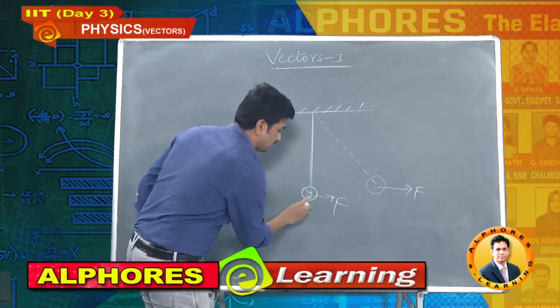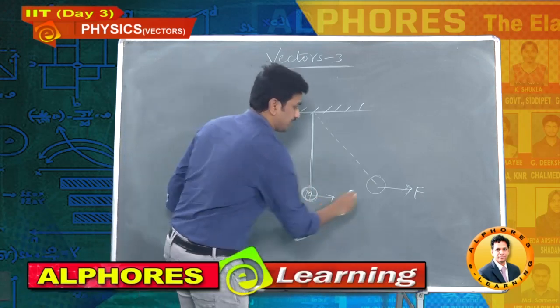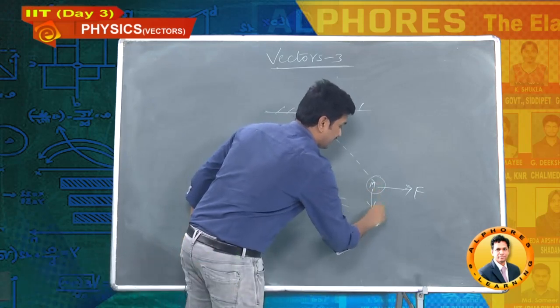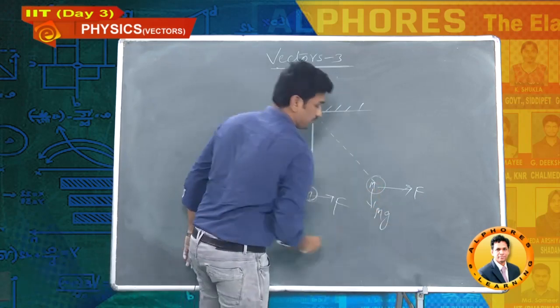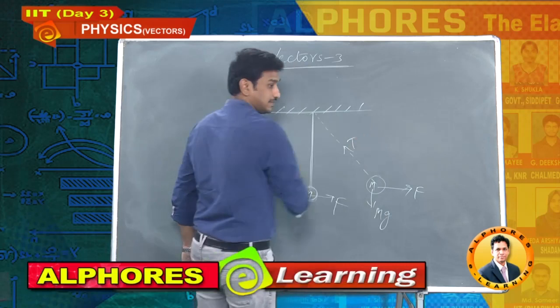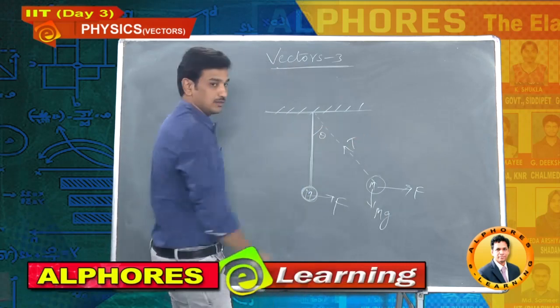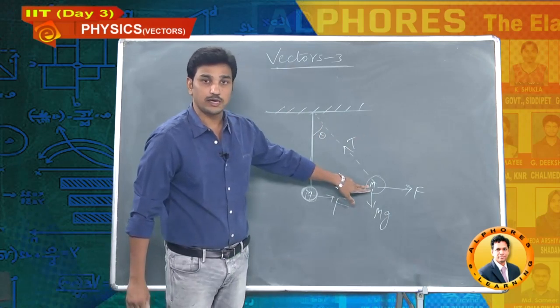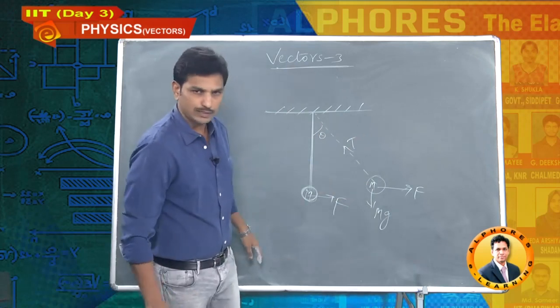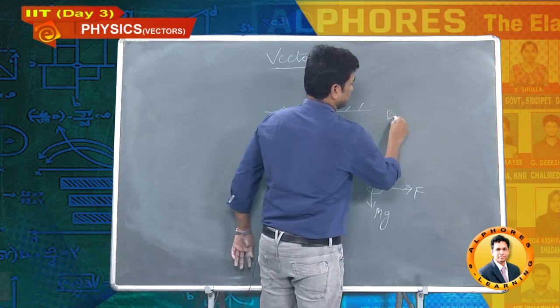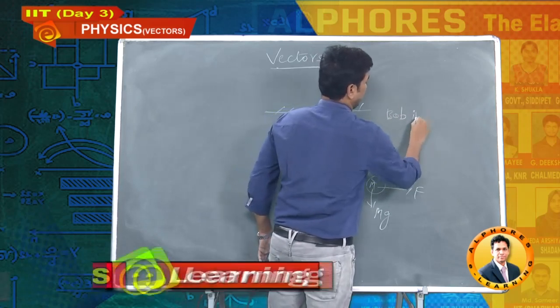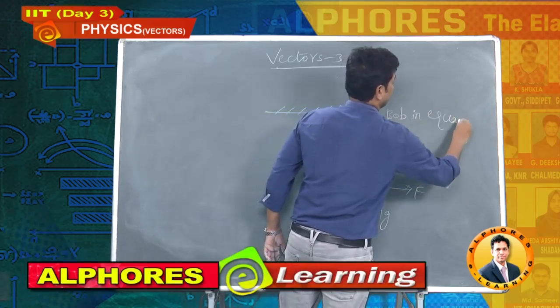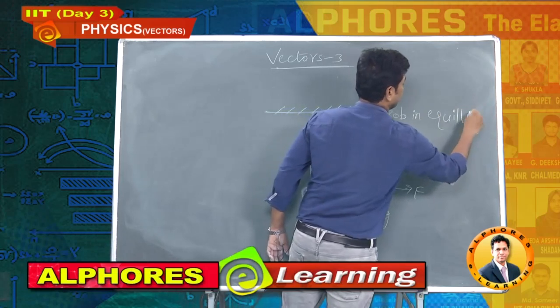Let this ball, an iron ball, have mass m. Weight acts downward. T is the tension. Now, this bob is also in equilibrium. They will give you this in the question.